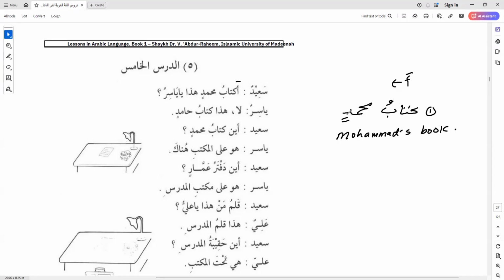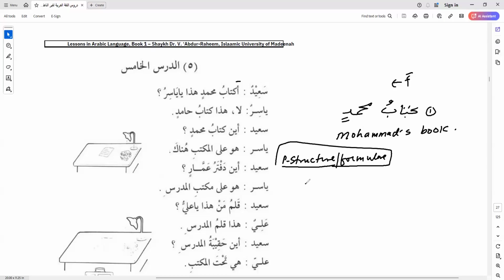And then there's also vowel structure. So we can say by formula, kitab is the noun. It is what is being possessed. So in Arabic, the possessive structure is the possessive formula. How do you do the formula?